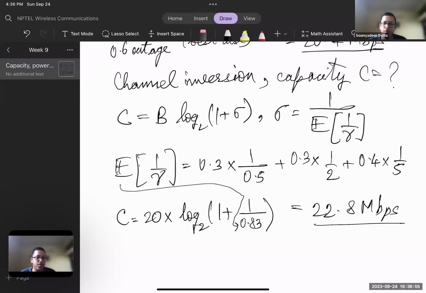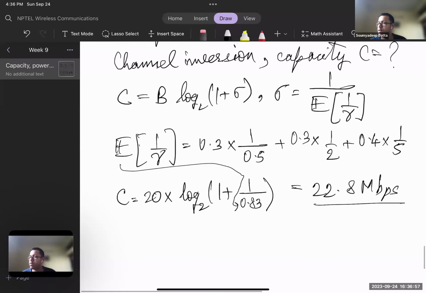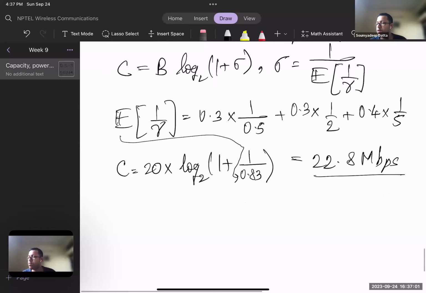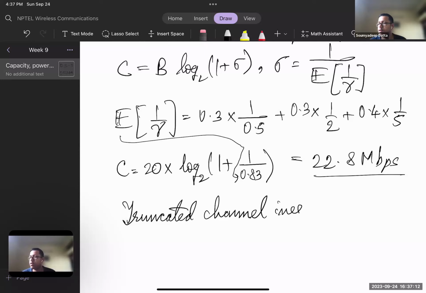So this is the complete channel inversion capacity, where you are considering all the channels. Now there is also something called truncated channel inversion capacity.